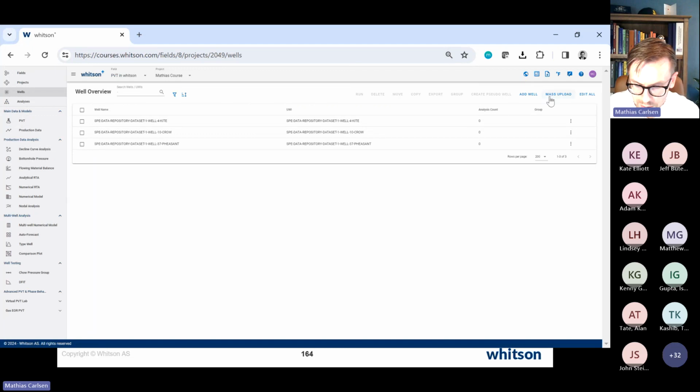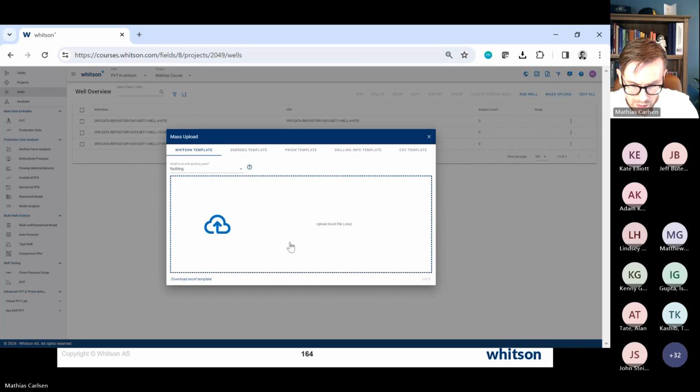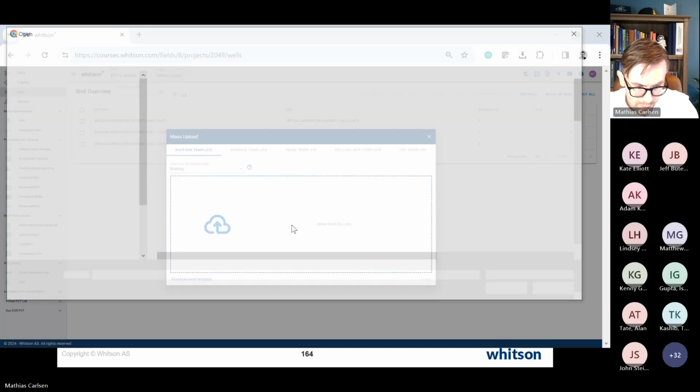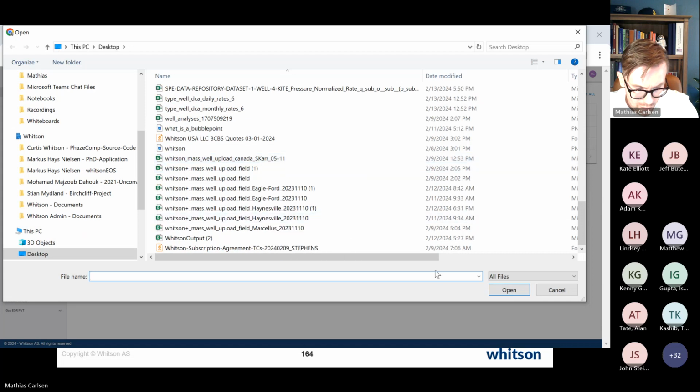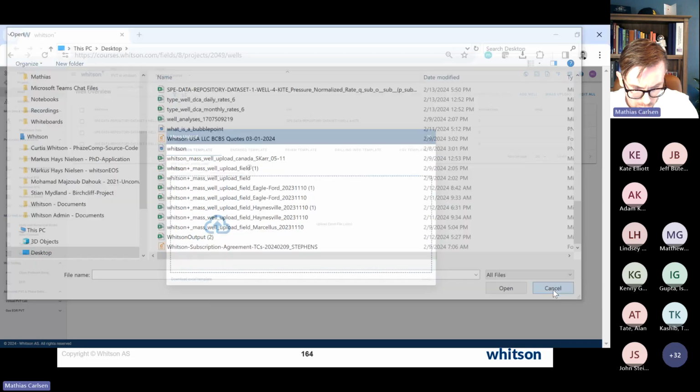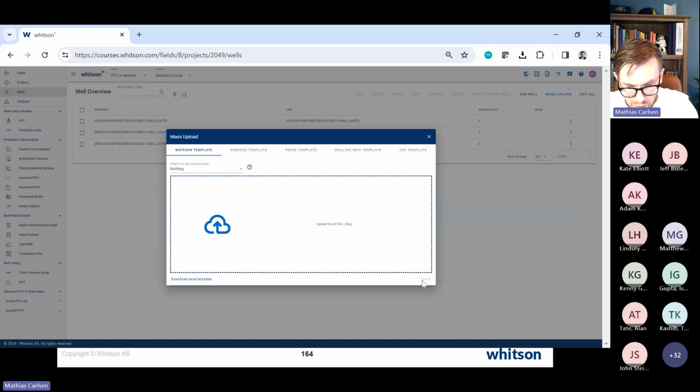Up to the right, you'll click mass upload. Then you click here and find that file on your computer. Once you've done that, you just click save down to the right.